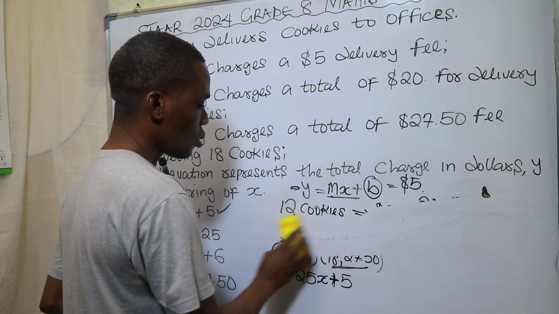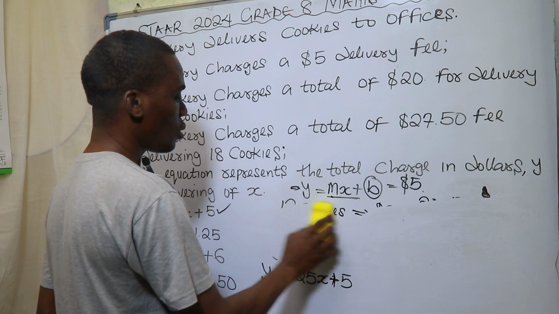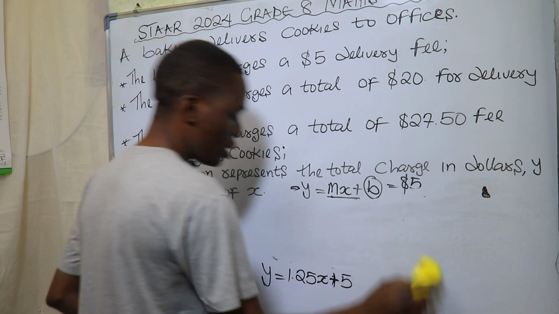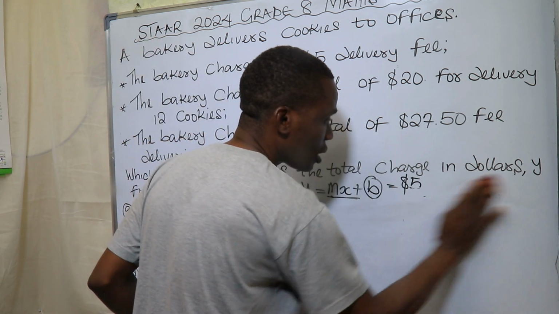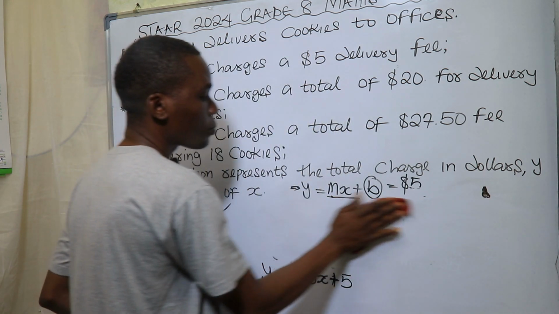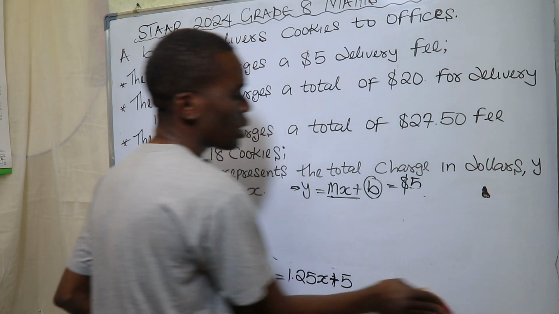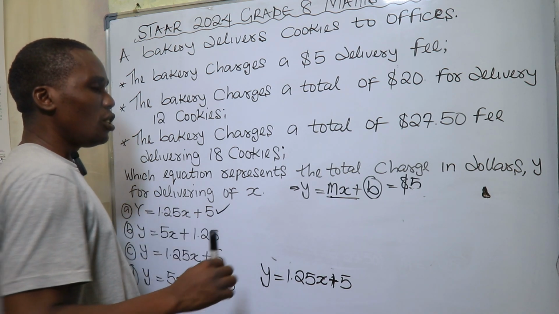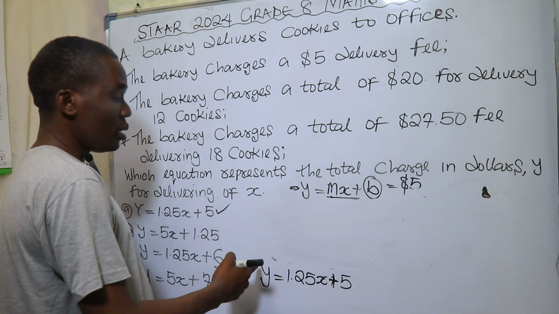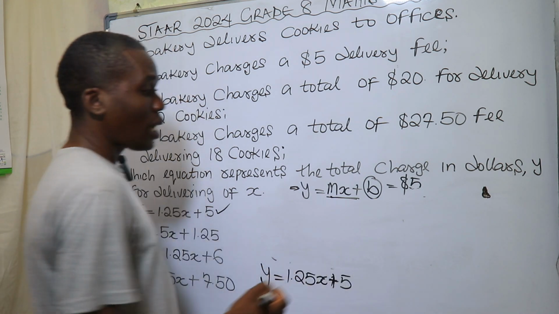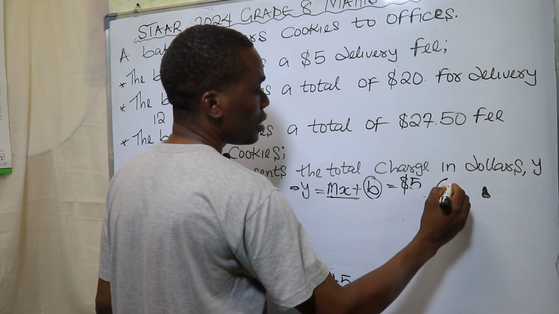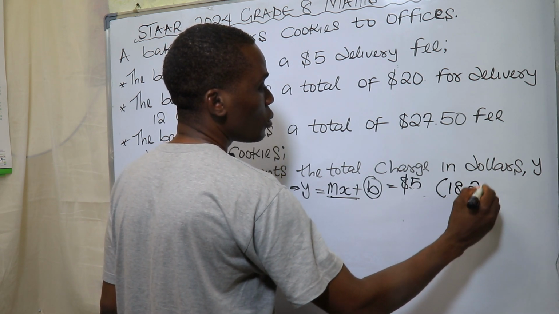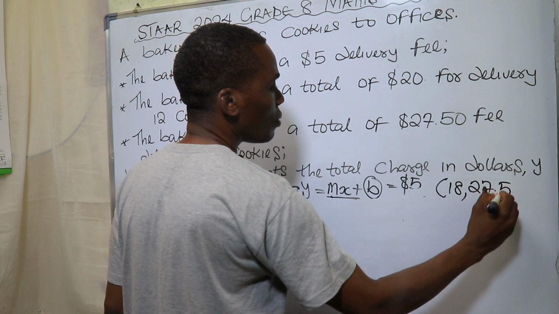Now to find out if this solution is right, we are going to insert some parameters into this expression. I'm going to verify this using the initial values we have, that our x is equal to 18, while y is equal to 27.50.